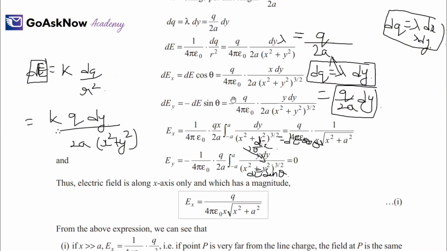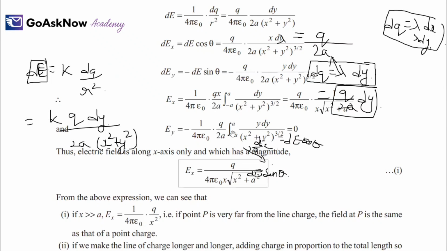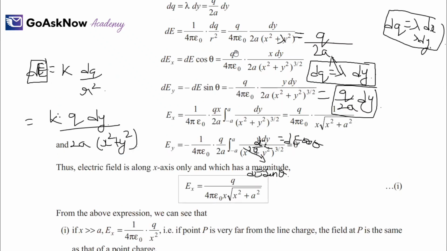Now if you see the further calculation, dE cos theta is k Q x dy upon 2a into x square plus y square to the power 3 by 2.